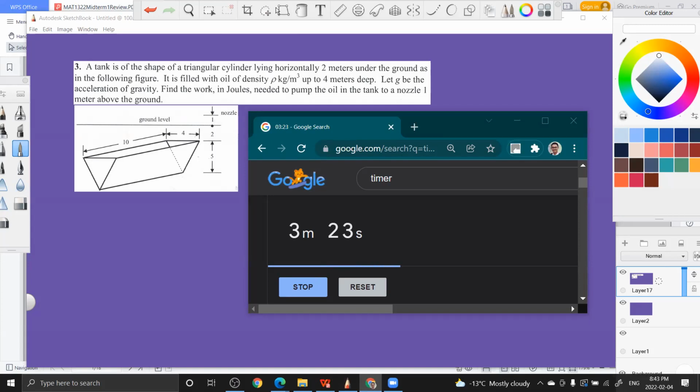Andrew, you asked what was the answer for the last problem. It is 2, just 2.